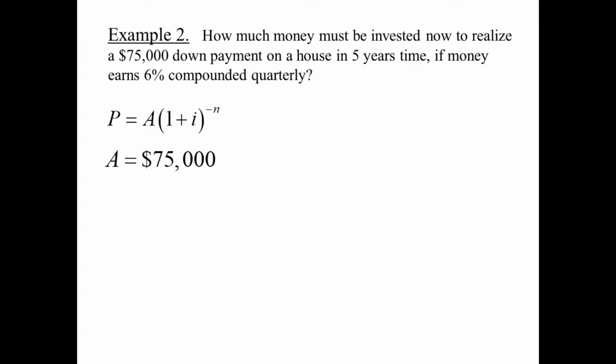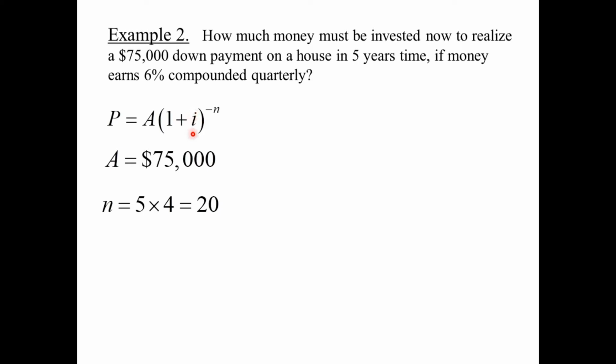Next, we could figure out n. If we reason this, it's compounded quarterly for 5 years. Something happens 4 times a year for 5 years. So we can get n this way: 5 times 4, 5 years, 4 times a year, it's 20.